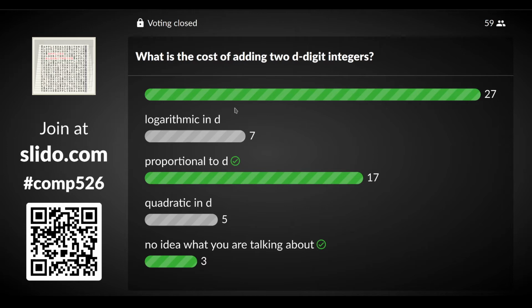You can say constant time, which is true if you have integers that fit into one word. As one of you said, today's computers usually have 64-bit words. Most of them have. And so if you have an integer that fits into 64 bits, then you can add those two in, well, roughly one clock cycle.